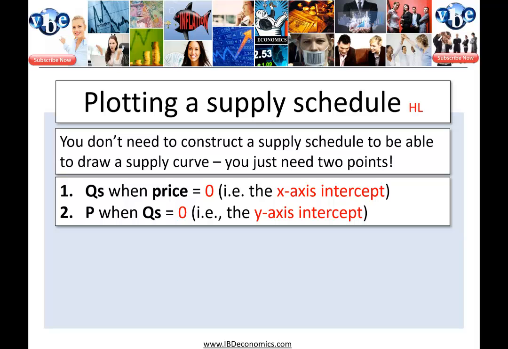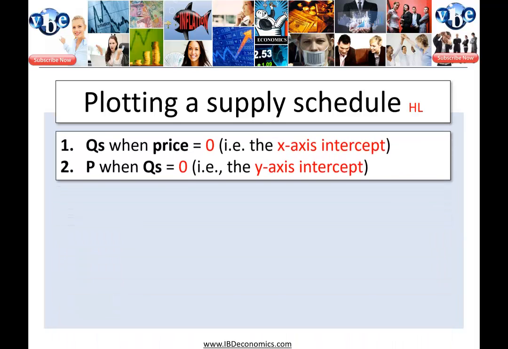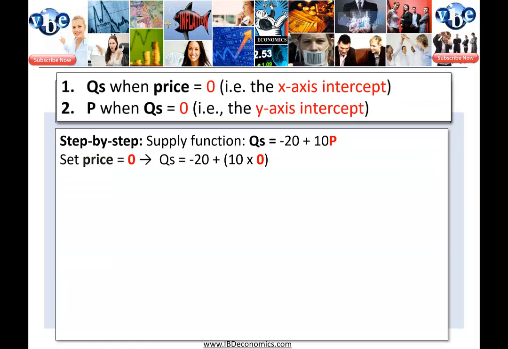So 1, quantity supplied when price equals 0, and then the price when quantity supplied equals 0. The first, the x-axis intercept is an easy one. All we're doing is multiplying that 10 by 0, so it must cut at minus 20. That's the x-intercept.